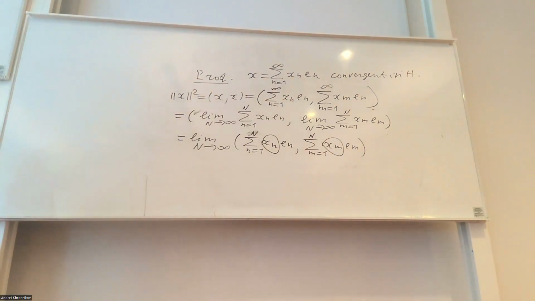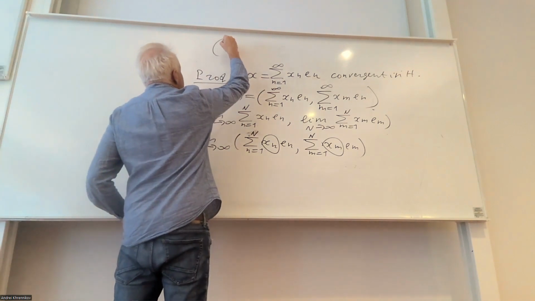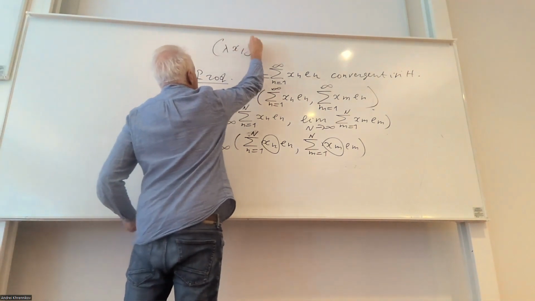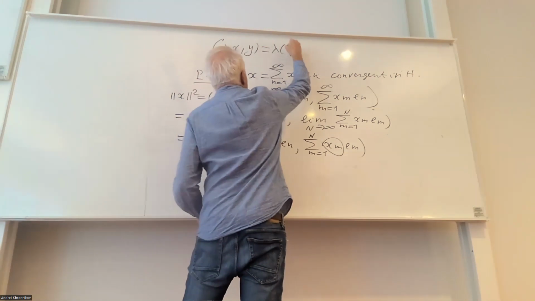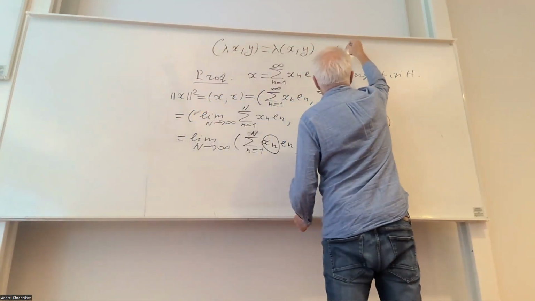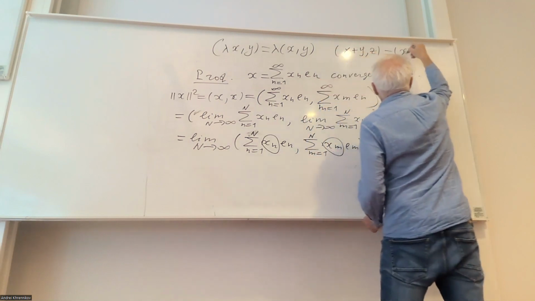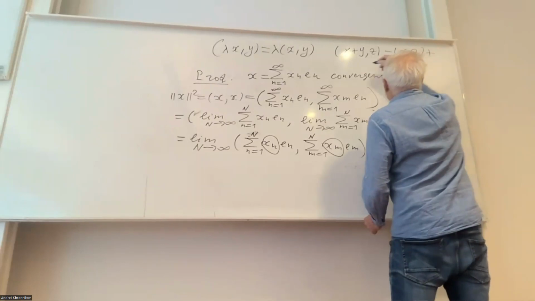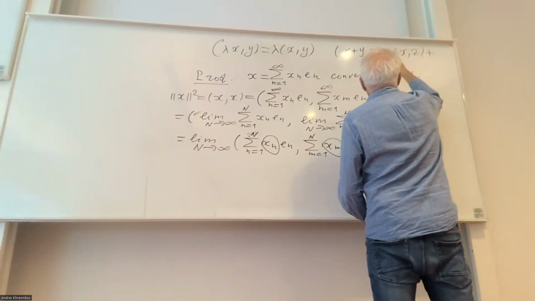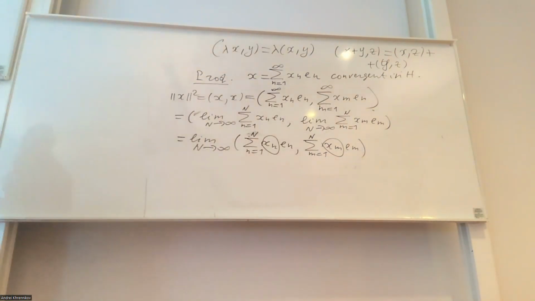These are numbers, these are scalars. We know that the scalar product has, for example, this property. And we know that also the same with respect to the second variable.